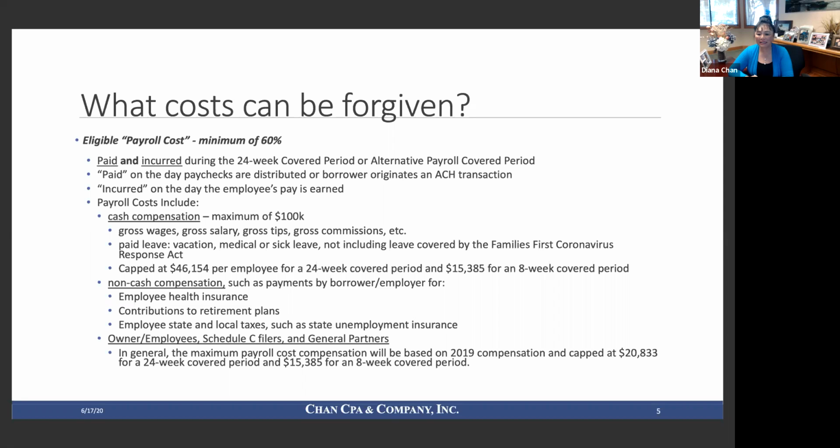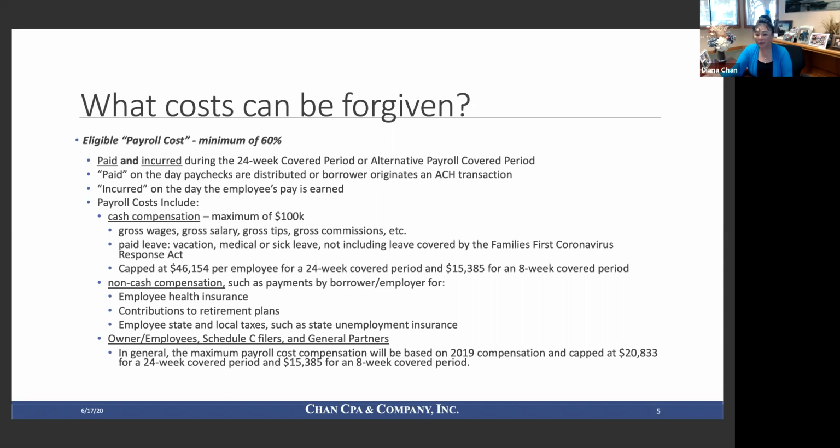Also, another criteria that is of really large importance, and it was just issued yesterday from the SBA as well, the maximum compensation of $100,000. We've gone through this before where the weekly amount is $1,953 a week. And when we determined it initially on the 8-week period of time, it was 8 times that amount, which is equal to $15,385.